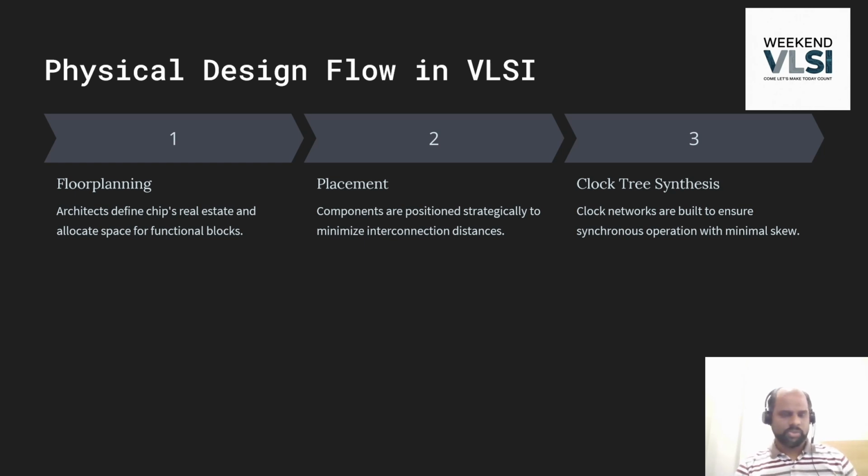Then the skews. Okay, so when there are interactions between these flops, right? There are certain constraints where the clock to both the registers, or the register and the memory, should come within certain time. Okay, then only we can meet the timing constraints. Okay. Also, we will do LDRC or DRV fixing here.